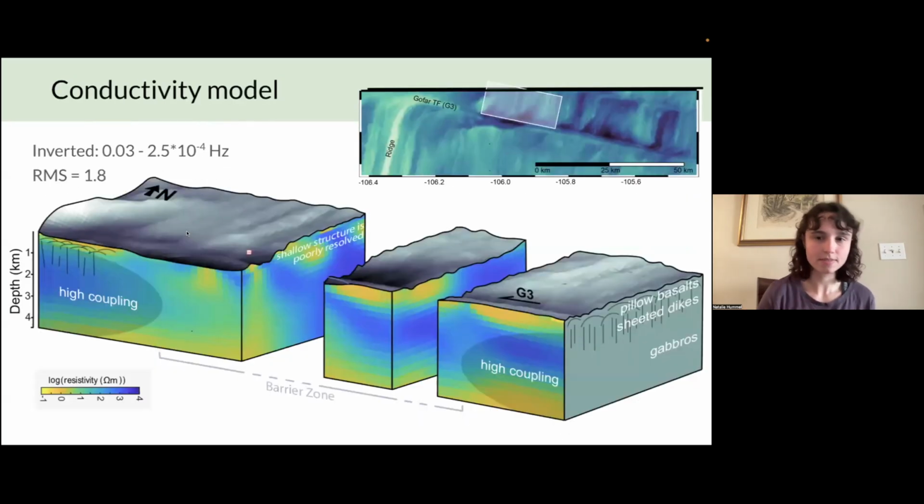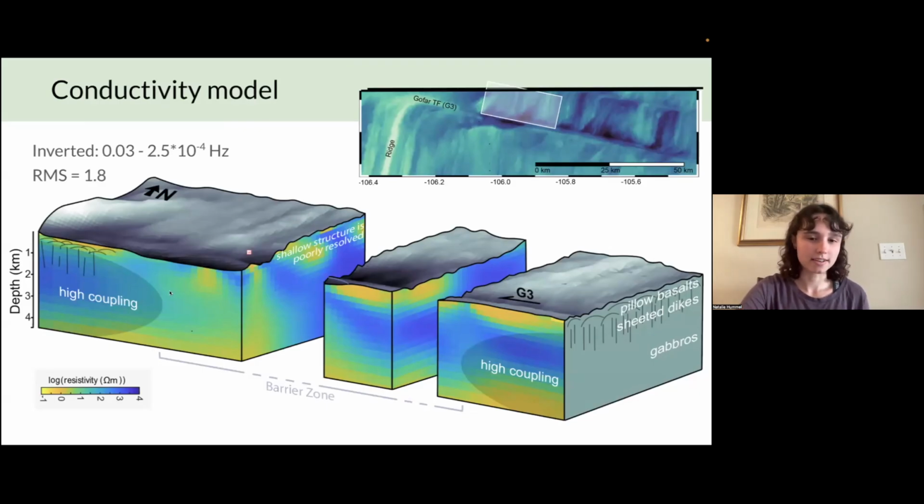So this is our final 3D conductivity model from our survey. So yellow here is conductive and blue is resistive. So we would expect higher porosity areas to look yellow. And you can see the location of the block diagram on this map up here. So this face that we're looking at is running along the fault.